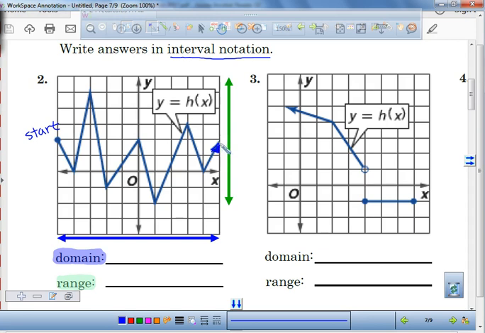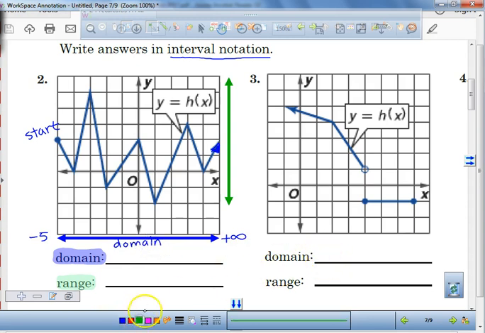So if that arrow is going to the right forever, then over here, looks like that's going where? That's going to positive infinity. Where does this actually start? This is not going forever to negative infinity. It starts right here at a what? Negative 5. So right here, put negative 5. Right here, going from negative 5 all the way to positive infinity. And this is your what? This is your domain. Okay?